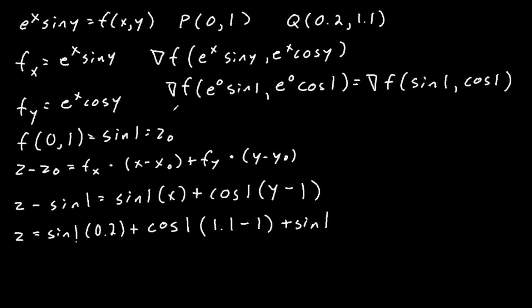So our z value is isolated here. Once you get some constant, most of the time in higher level math, most people don't really care if you simplify it or not. So this value would be correct.